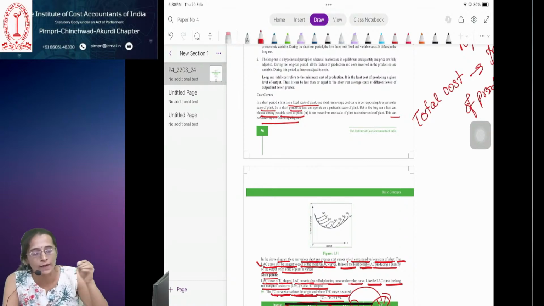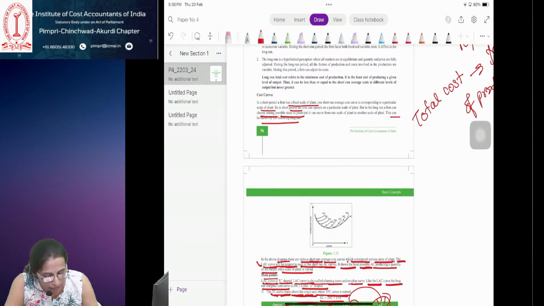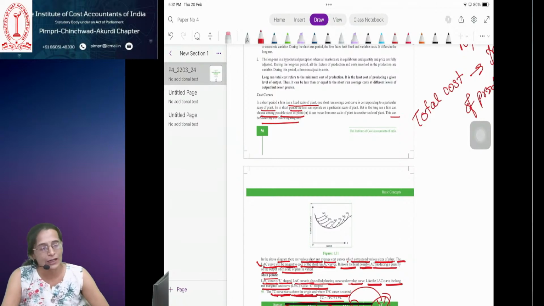So in the short run, the firm can operate on a particular scale of plant. But in the long run, the firm can choose among possible sizes, or move from one scale of production to another.